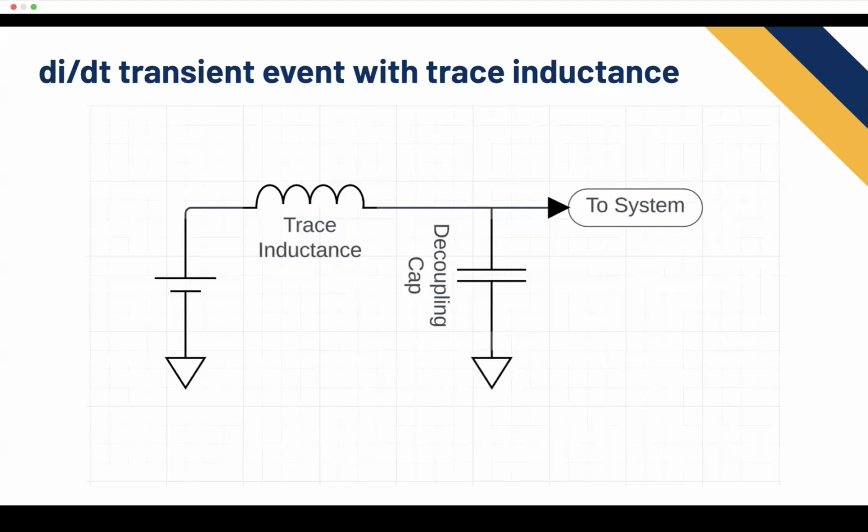If you have an inductor, the voltage across the inductor is equal to its inductance times the change in current. So if I suddenly have a change in current where my digital node is switching from a 0 to a 1, and I have to charge that up, then you're going to have a voltage drop across this inductor.